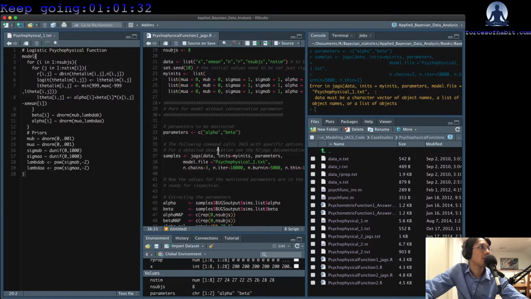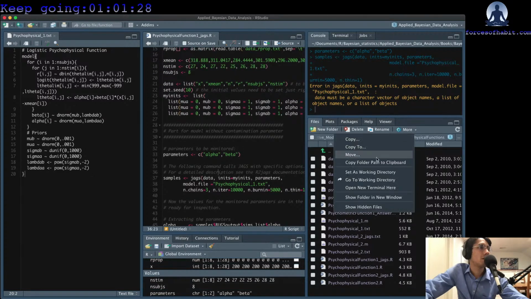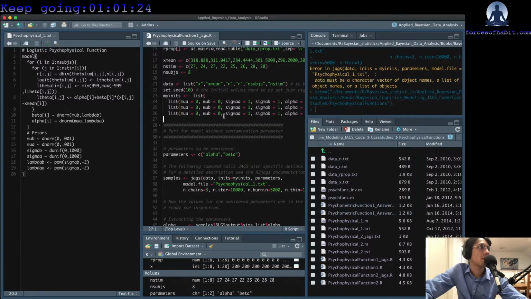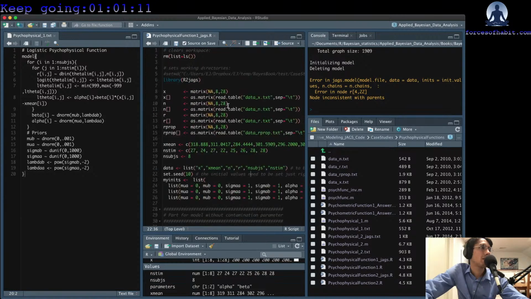Maybe it says working directory. And no, let's see. Node 422 inconsistent with parents.